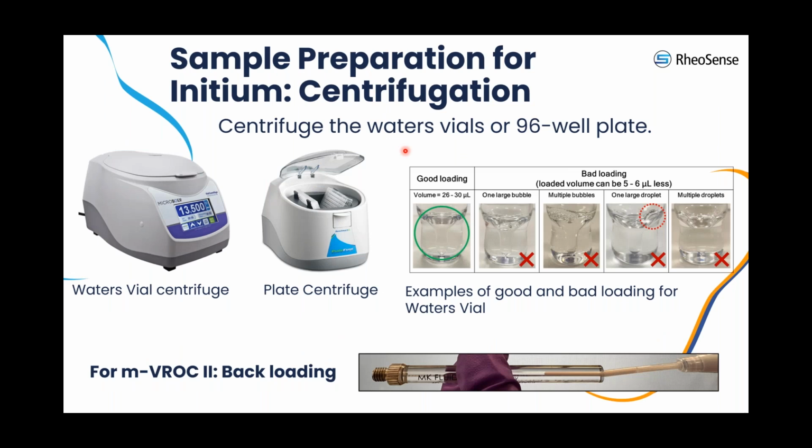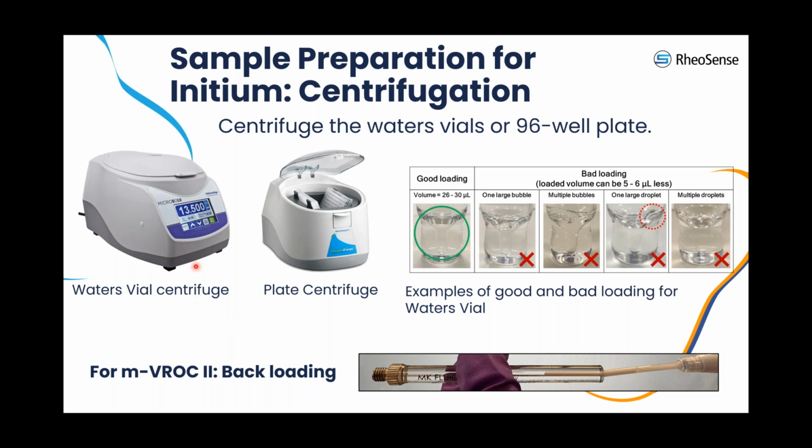Now let's go over how to properly prepare and load your sample into vials or a 96 well plate in Initium, and also the 100 microliter syringe in the Enviroc-2 instrument. To help ensure your success, every purchase of the Virac Initium 1 Plus, our automated viscometer, includes a centrifuge.